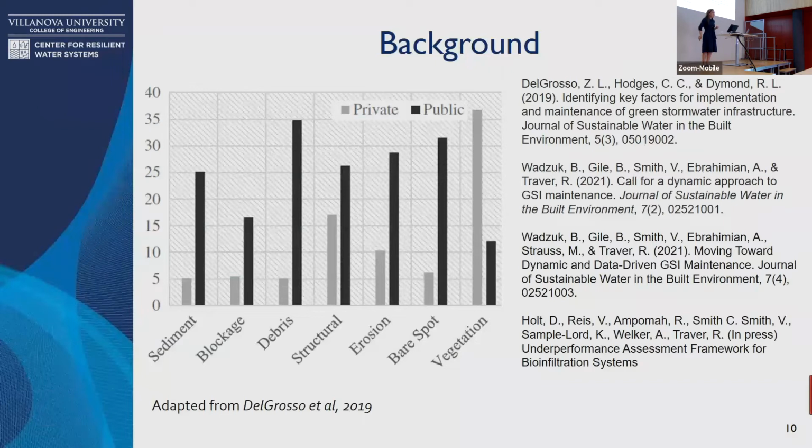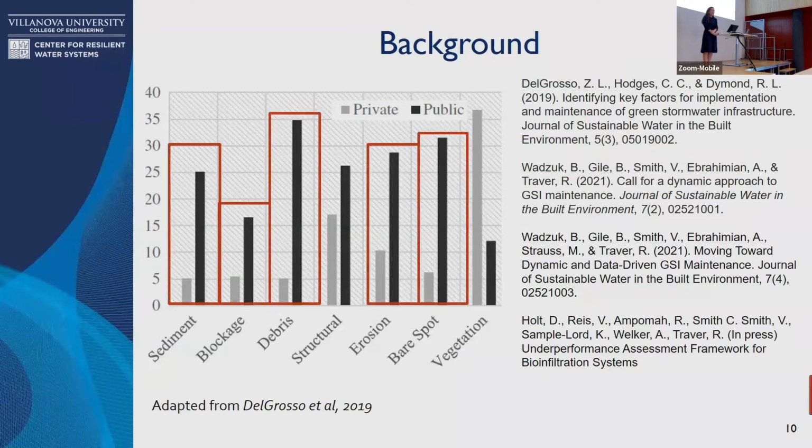So when we start looking at the data, what do we see about how these work through time? Del Grosso et al. looked at several GSI around the Virginia area, and they noticed that these were the main causes of failure and underperformance: sediment, blockages, debris, structural issues, erosion, bare spots, vegetation. Now I've put red boxes around all of the ones that are related in some way to sediments and debris coming in and erosion.